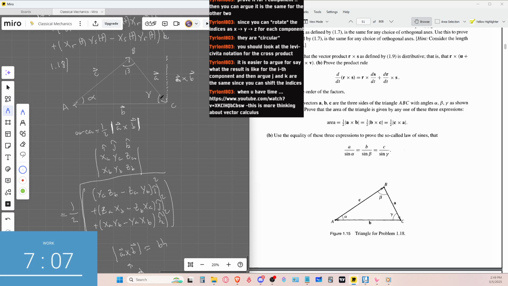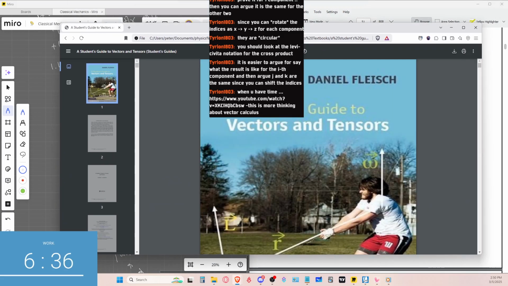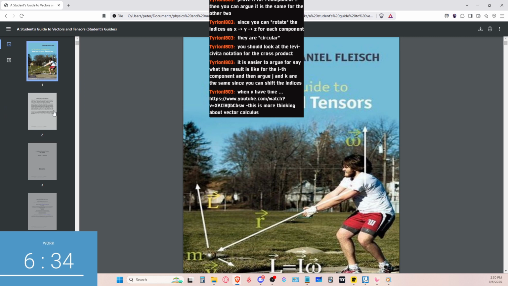You know what? I think I remember seeing it in the Student's Guide to Vectors and Tensors book I've had. Let me see. Drag this down here because I think I remember seeing something like that.